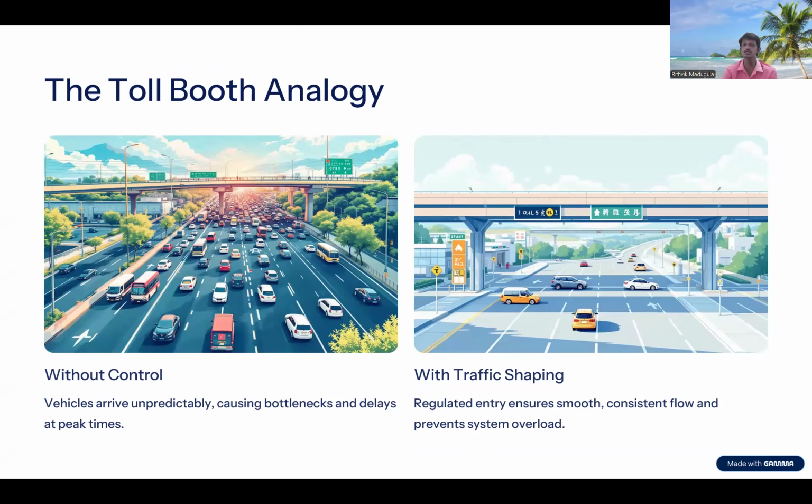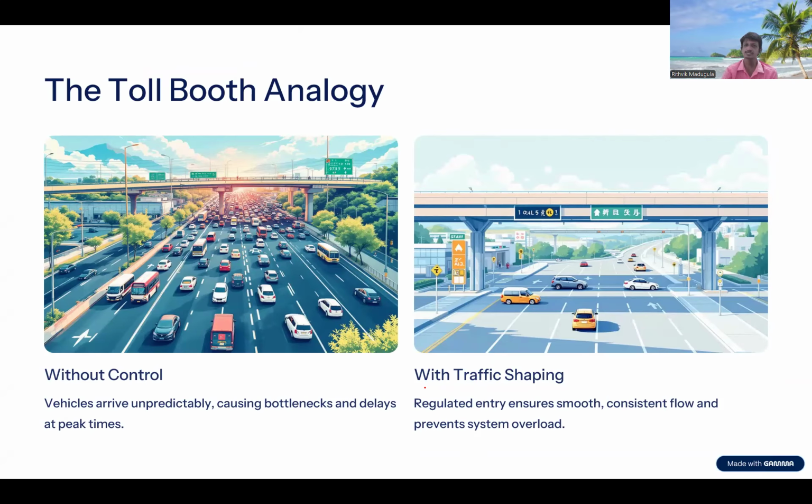The best traffic analogy is this: when you go to a toll plaza, you can see a lot of traffic without any control. Until and unless the toll is paid, you cannot go ahead. The traffic cannot be mitigated according to the circumstances.